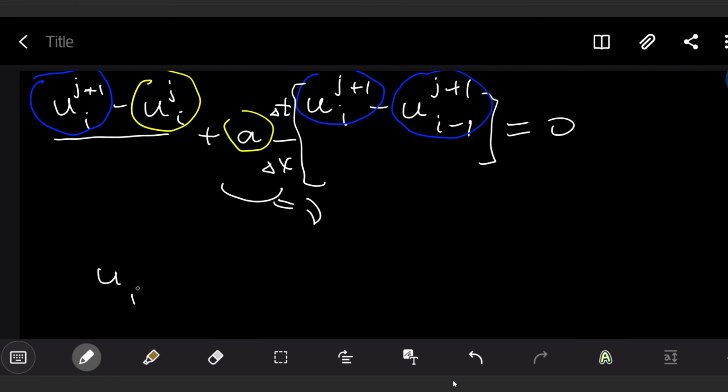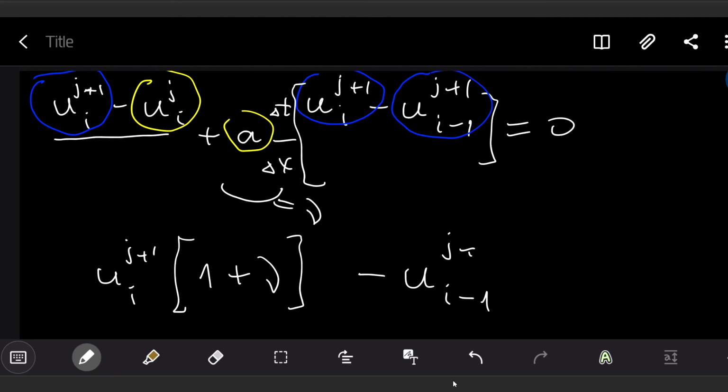I will write here that u i j plus 1 will be in the brackets 1 plus nu, and then minus u i minus 1 j plus 1 multiplied by nu.